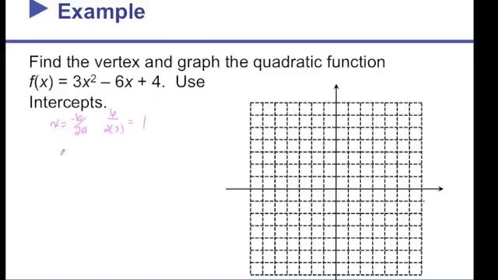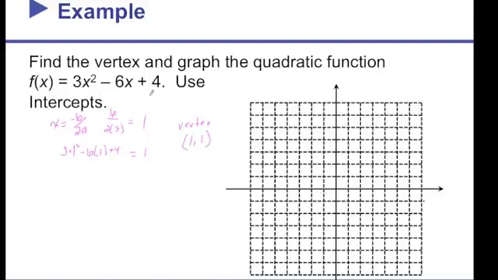To find the y value of the vertex, we'll put that 1 in the equation. So 3 times 1 squared minus 6 times 1 plus 4. We'll see 3 minus 6 plus 4 will be 1. And the vertex is at 1, 1.